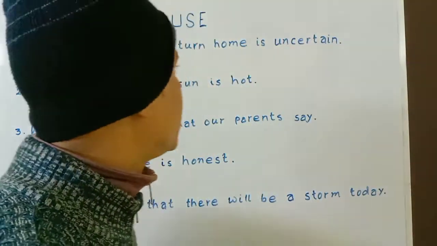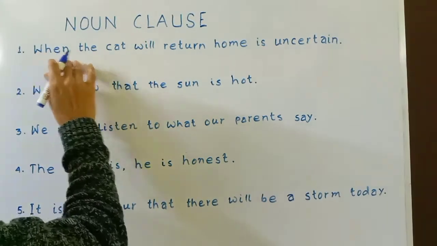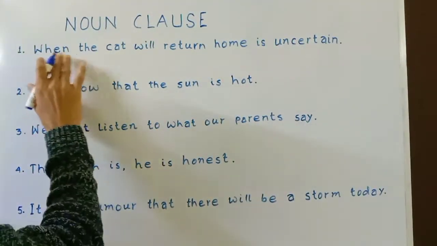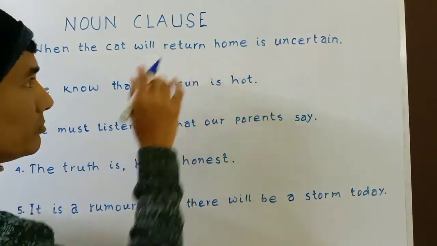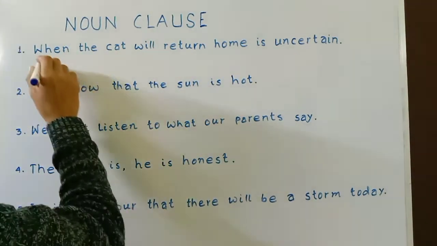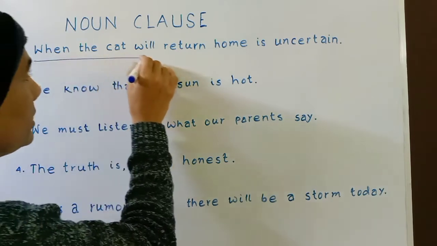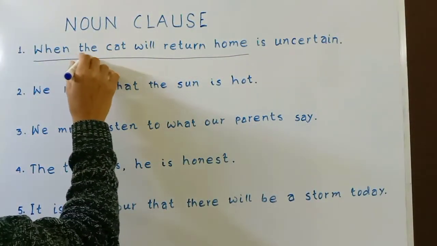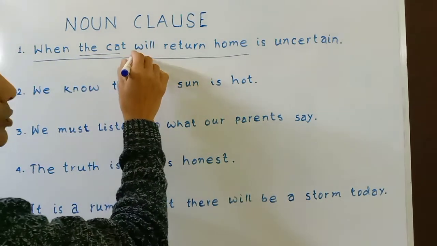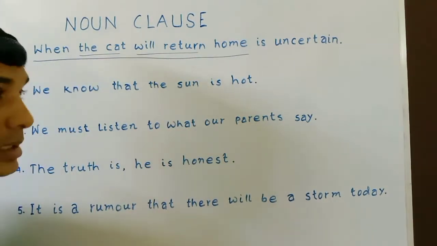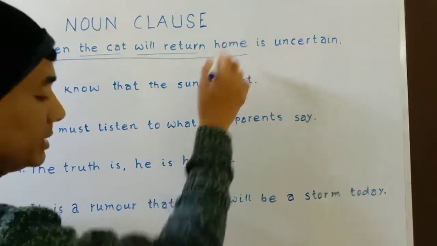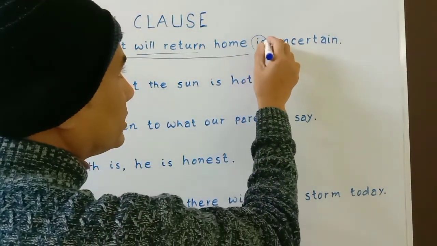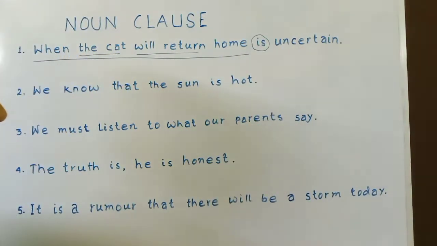I have written: When the cat will return home is uncertain. Up to this point, when the cat will return home, there is the cat, the subject, and will return, the verb, but the total part is only the subject of the verb is.